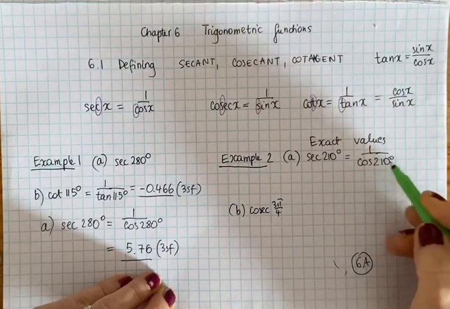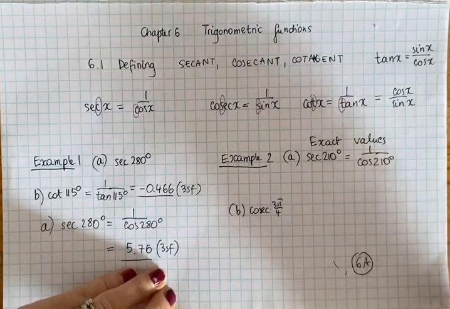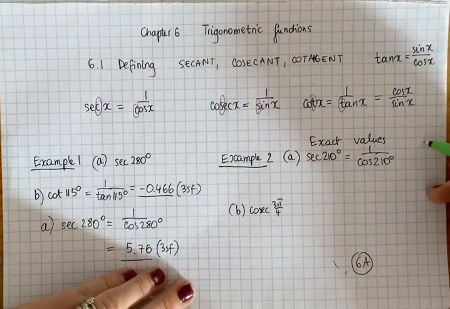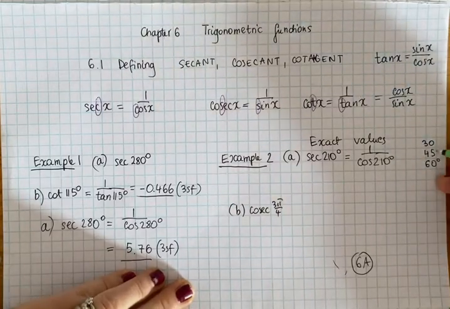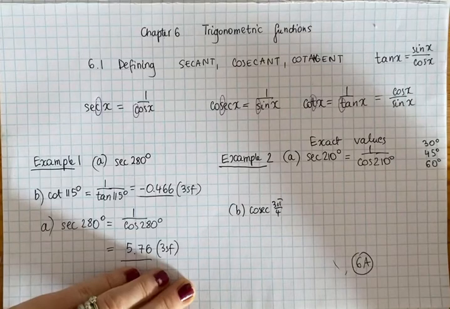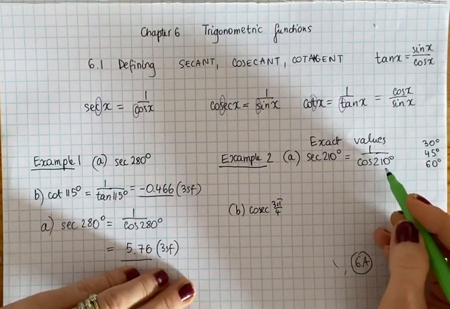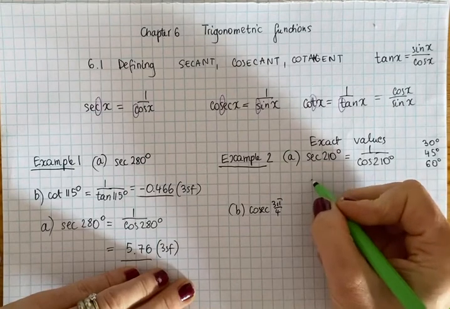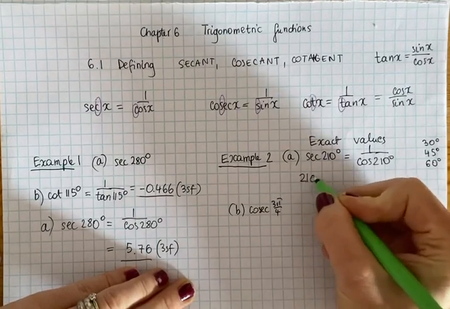Now, the way to find the exact values, it clearly has to have something to do with the acute angles of either 30, 45, or 60, because these are the angles that generate exact values apart from multiples of 90. So cos 210, I can rewrite it.